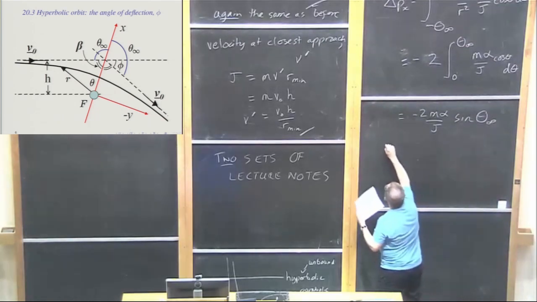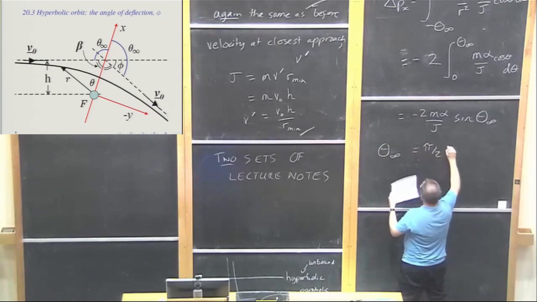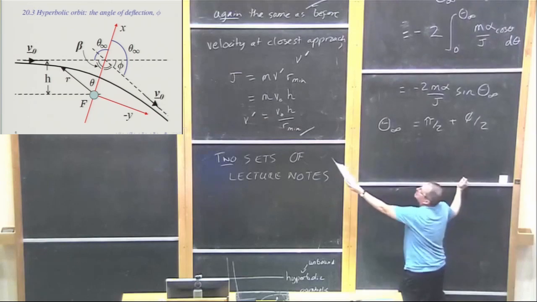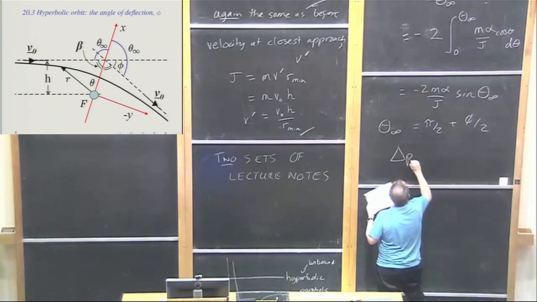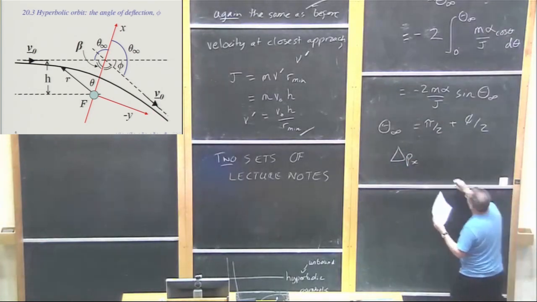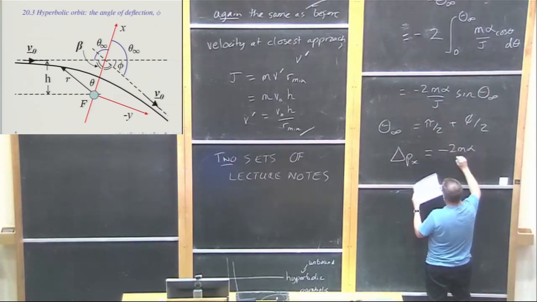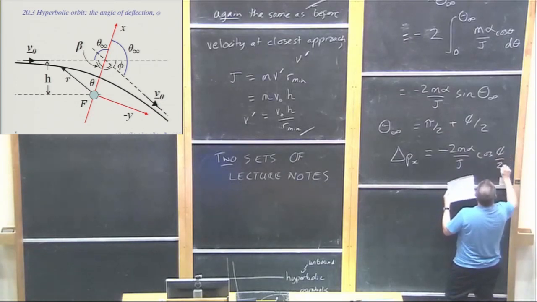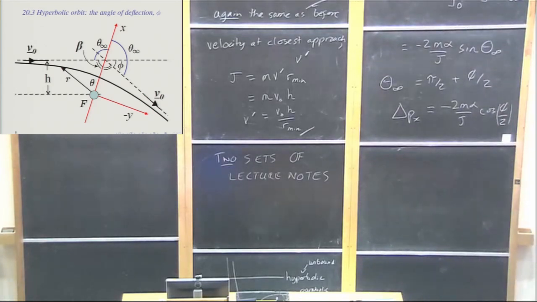Now we know that theta infinity, I told you this at the start, is pi over 2 plus phi over 2, because ultimately we want to work in terms of phi. And so if you put this in, you will deduce that delta px is equal to minus 2m alpha over J cosine phi over 2. Okay. So this is another expression for delta px.